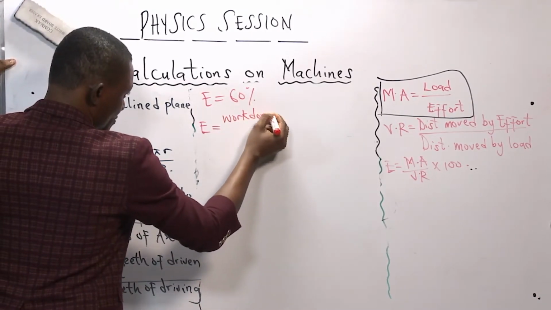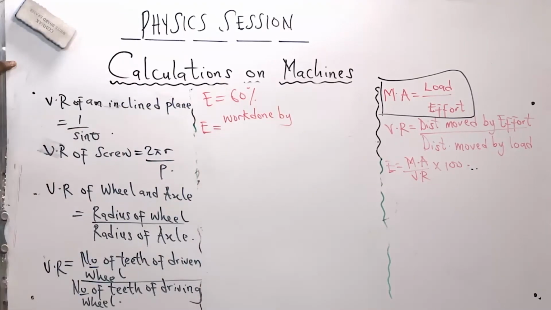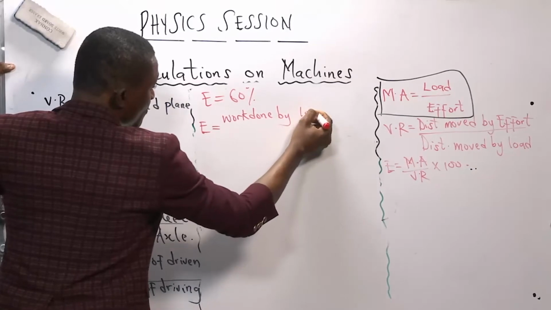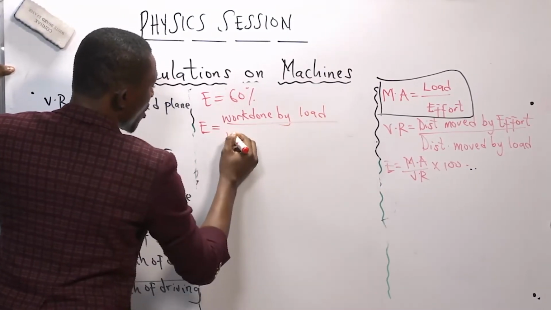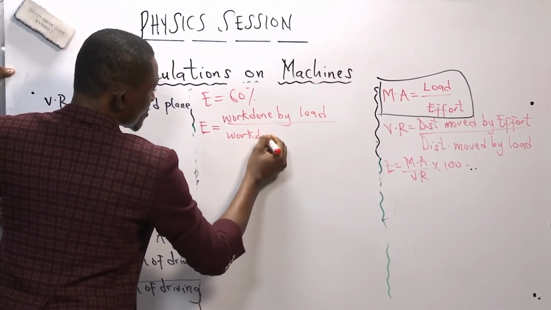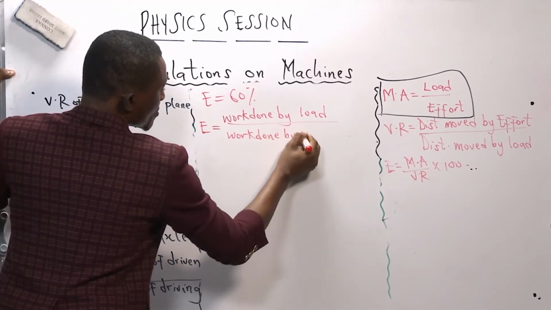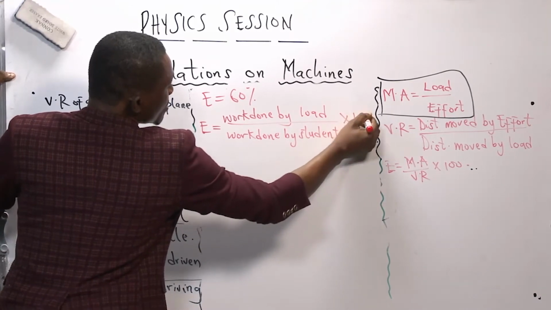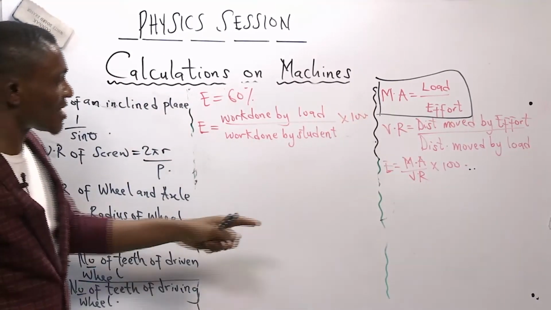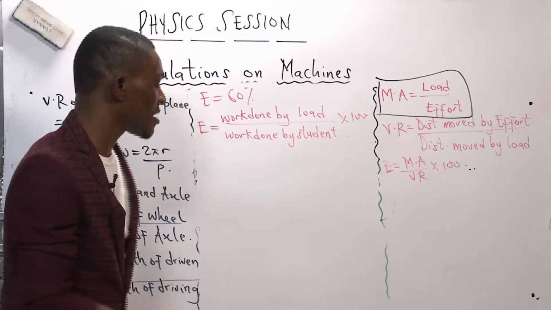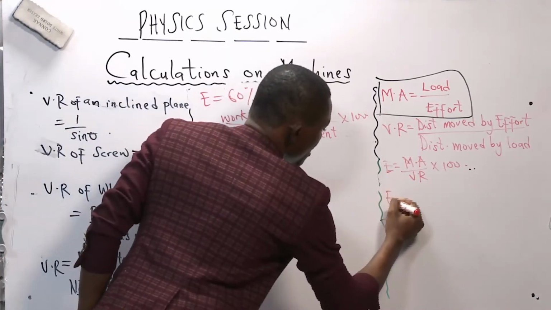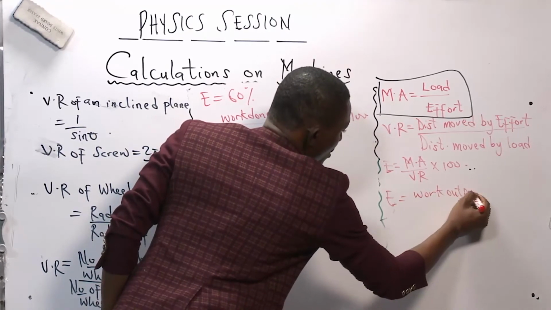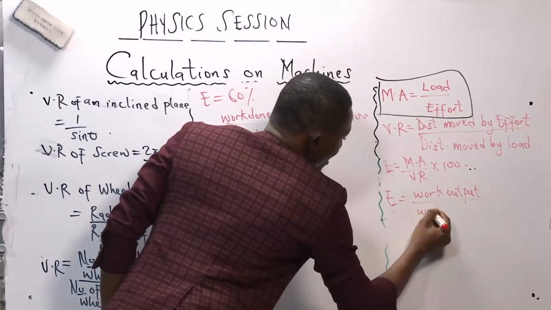Work done by load over work done by students times 100. Don't forget that when I stated this formula, E is equal to work output over work input times 100.